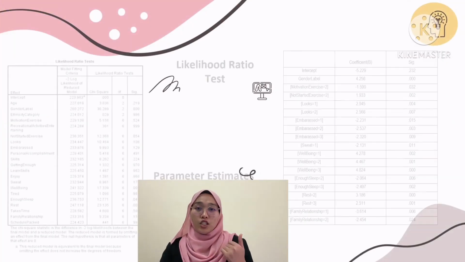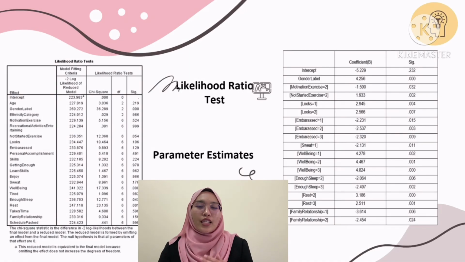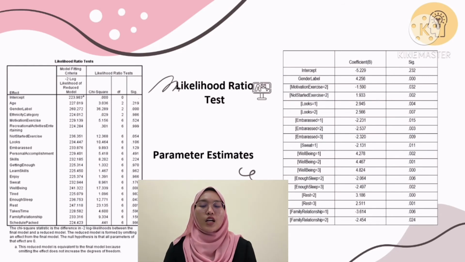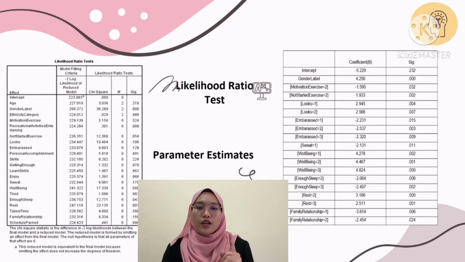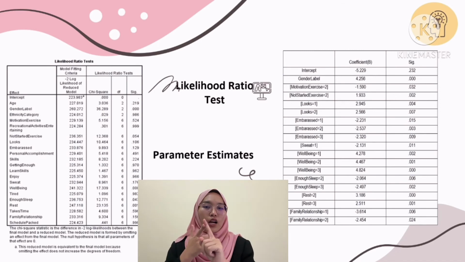By comparing these 2 types of table, note that the likelihood ratio test table is mostly used for the nominal independent variable, since it is the only table that considers the overall effect of a nominal variable. Therefore, the factors that contributed to the second objective are gender, lack of enjoyment, and lack of energy.